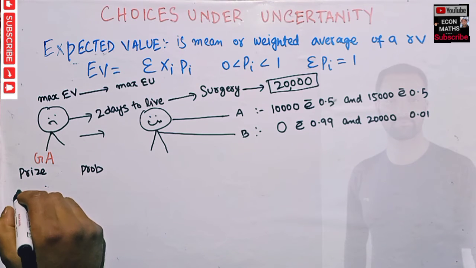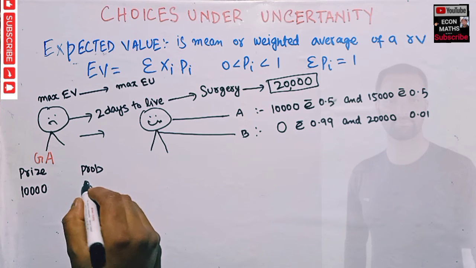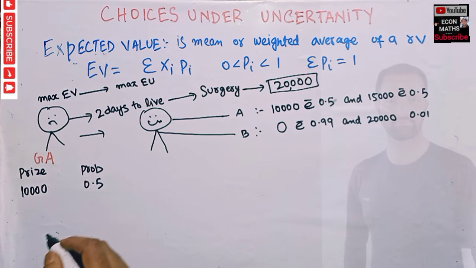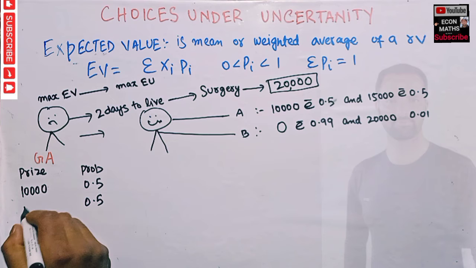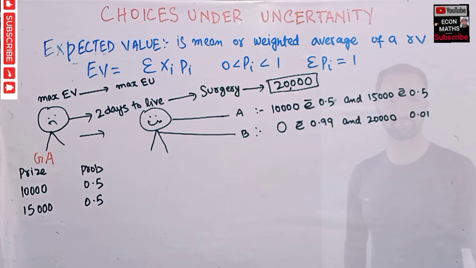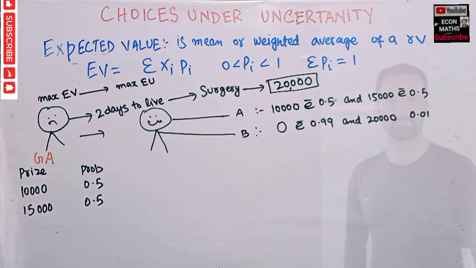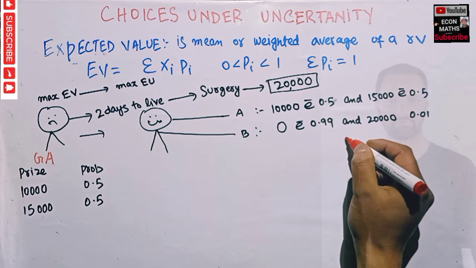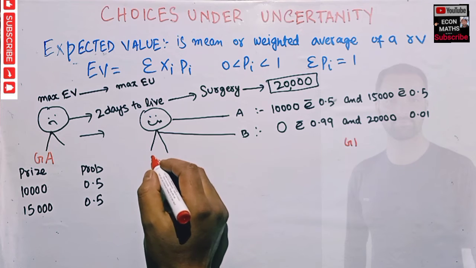The price he receives is $10,000 with probability 0.5, a 50% chance, and also a 50% chance that he receives $15,000. This is what I have explained here.